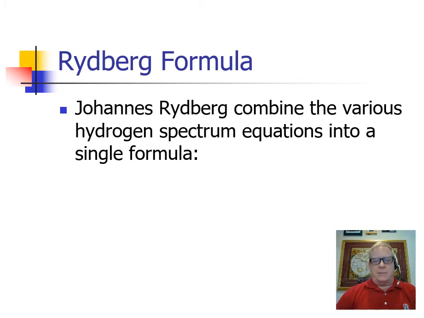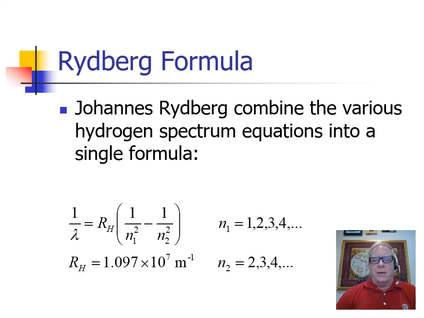And here is Rydberg's single formula. You'll notice it is the exact same form as the Balmer formula, but now instead of having 1 over 2 squared, we have 1 over n1 squared, and n1 can be any integer from 1, 2, 3, 4, etc. But n2 must be a larger integer than n1 so that the formula ends up being positive.